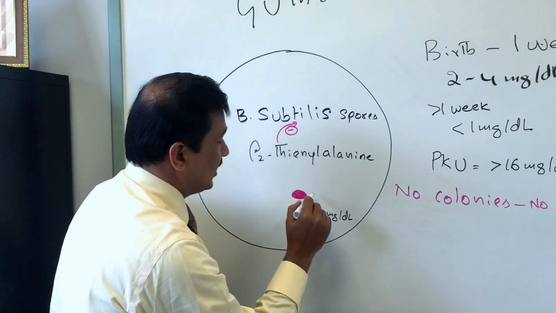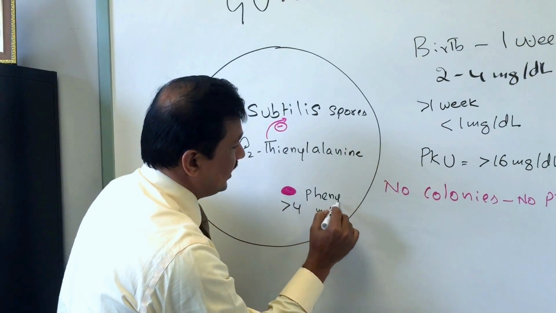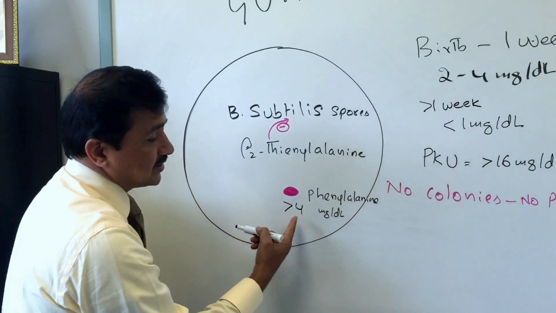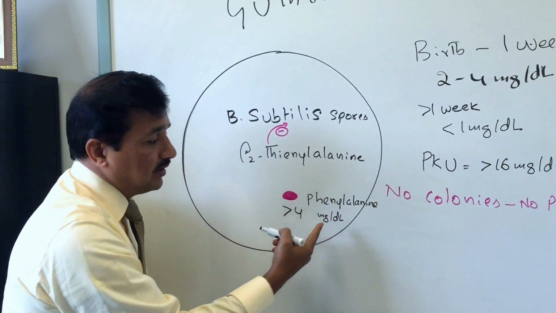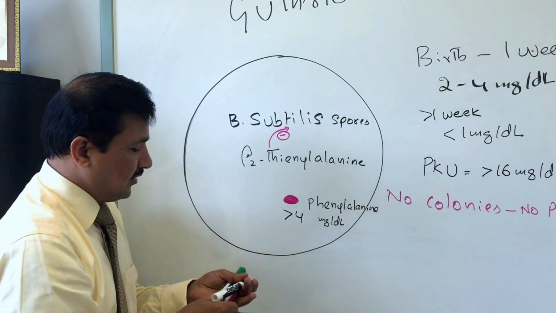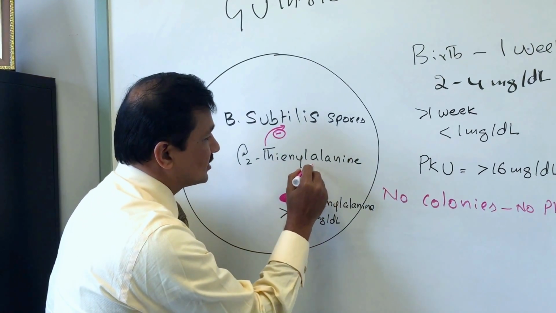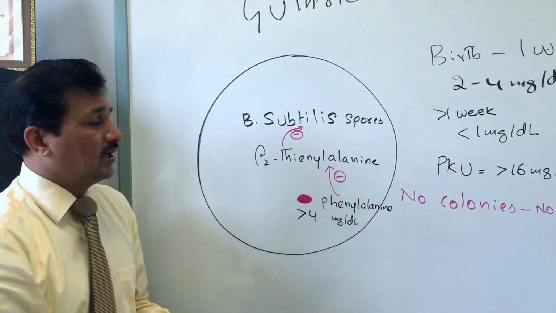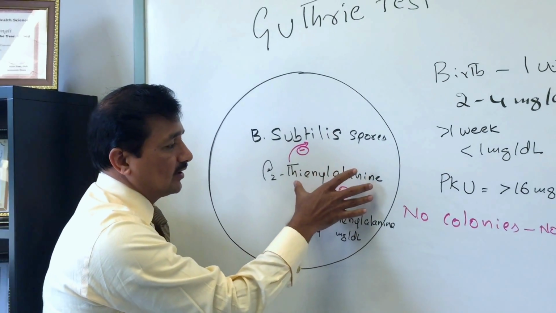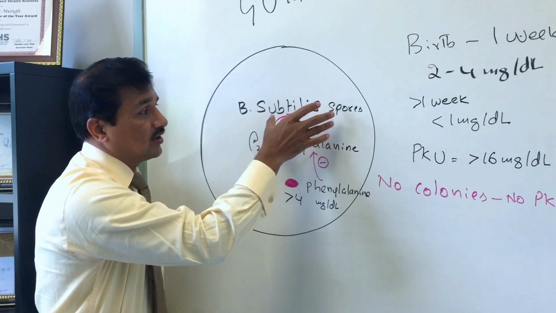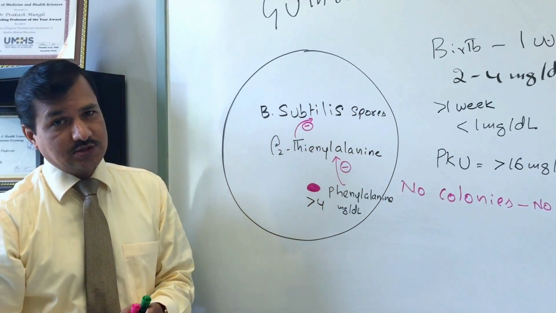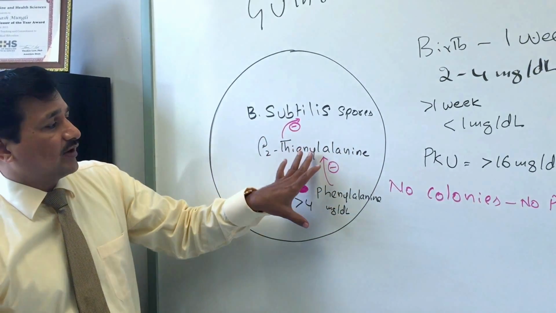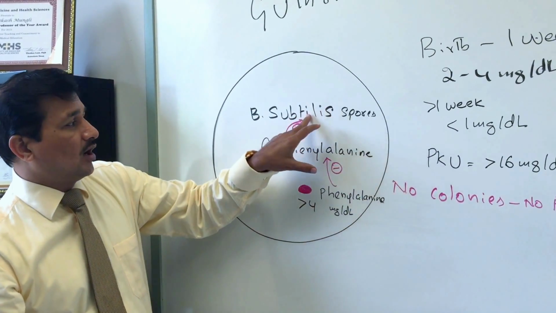So excess phenylalanine, in high concentration, will inhibit the function of beta-2-thienylalanine, meaning it is going to inhibit its inhibitory effect on Bacillus subtilis spores. So a high concentration of phenylalanine will inhibit the inhibitory effect of beta-2-thienylalanine on Bacillus subtilis.